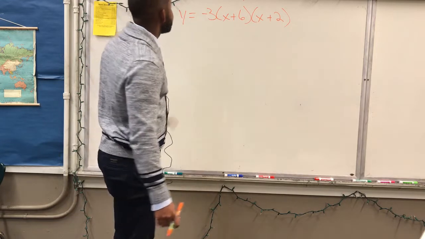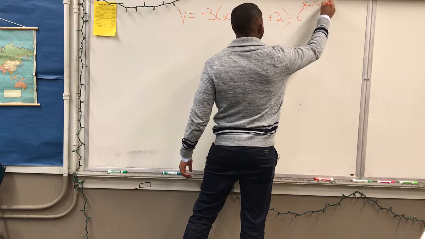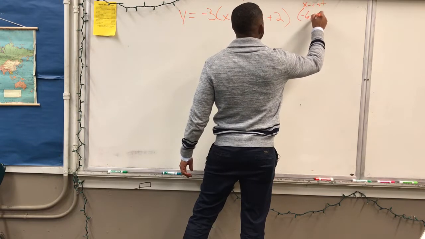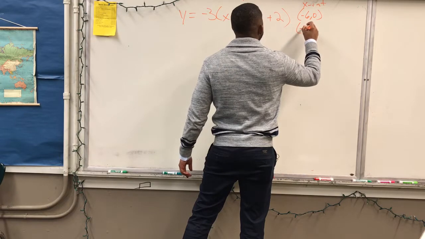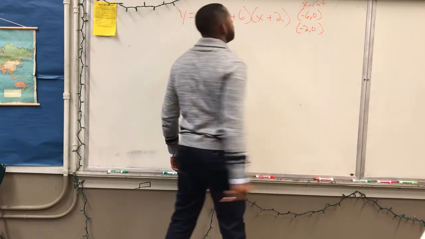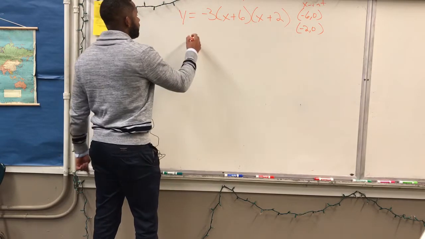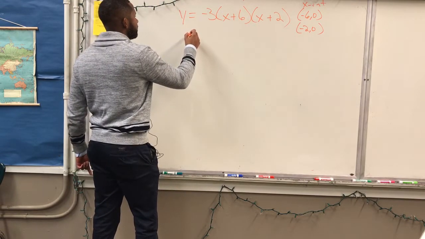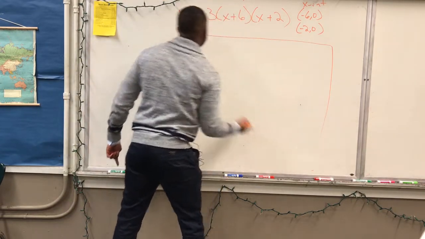If I was going to do it, I'd look at this and I'd say, okay, well I know my x-intercepts are negative 6, 0, and negative 2, 0. Cool. So I'm there. I'm going to create this.